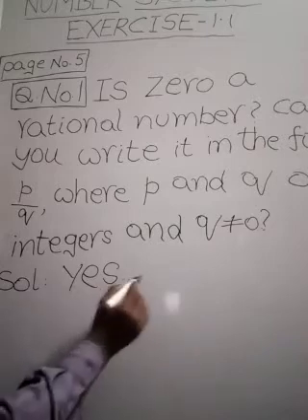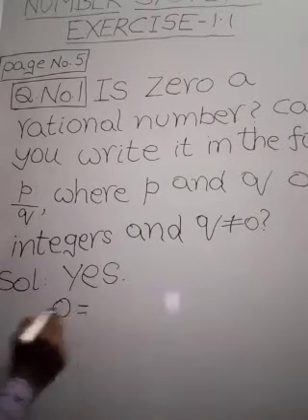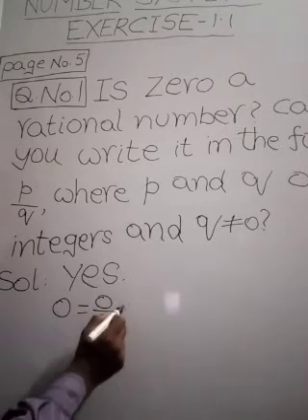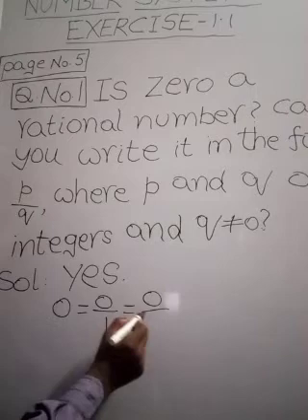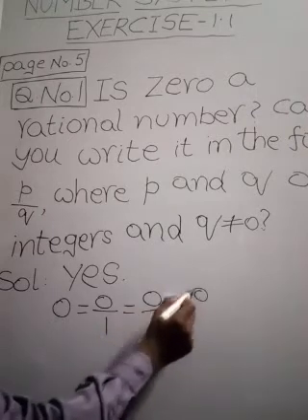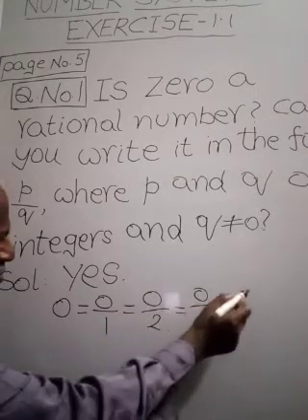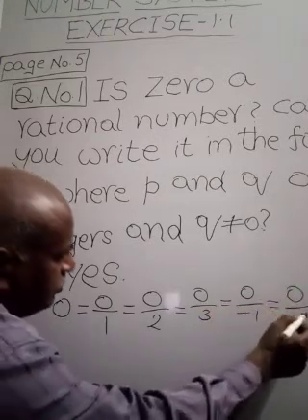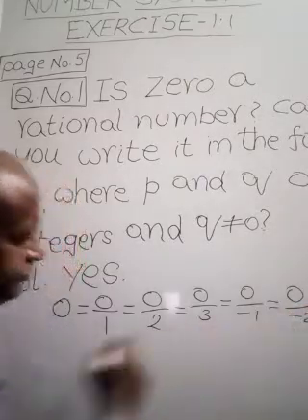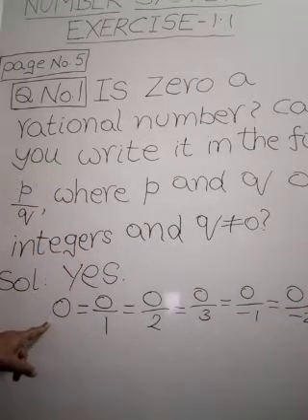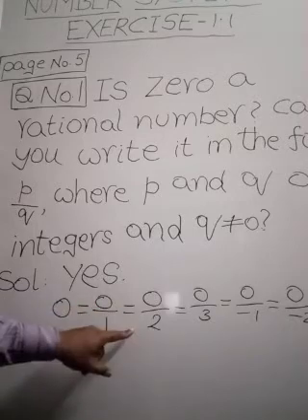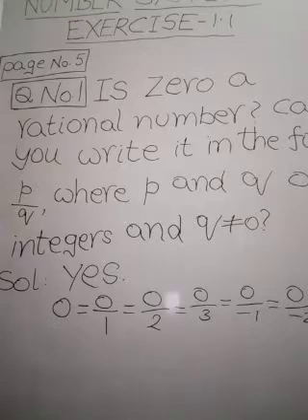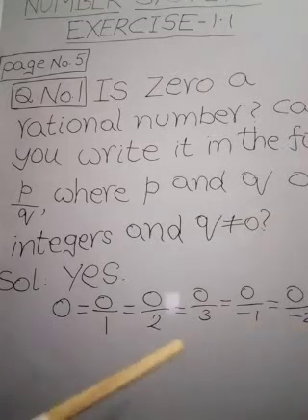See here, 0 can be written as 0 by 1, 0 by 2, that is equal to 0 by 3, that is equal to 0 by minus 1, 0 by minus 2, and so on. We can write here 0 as 0 by 1, 0 by 2, 0 by 3, 0 by minus 1, 0 by minus 2, and so on.